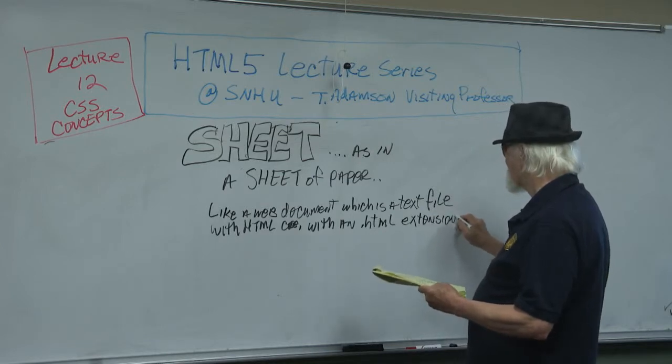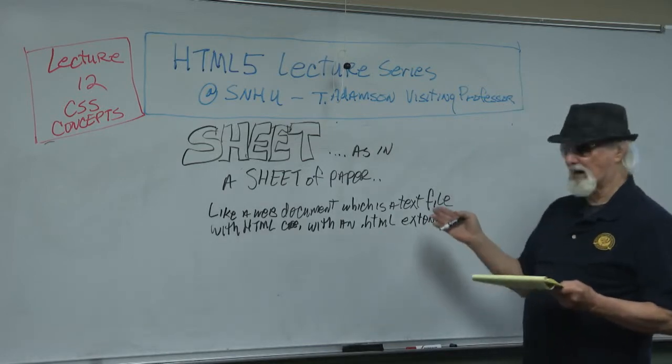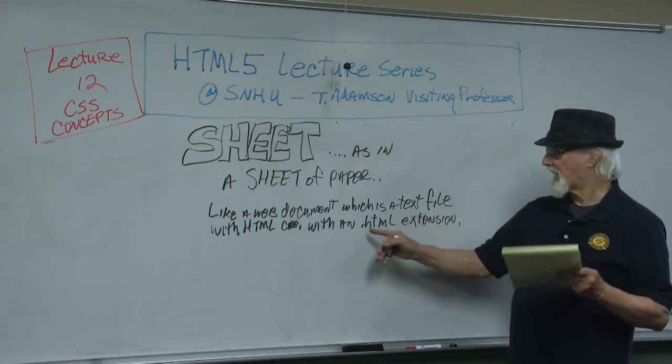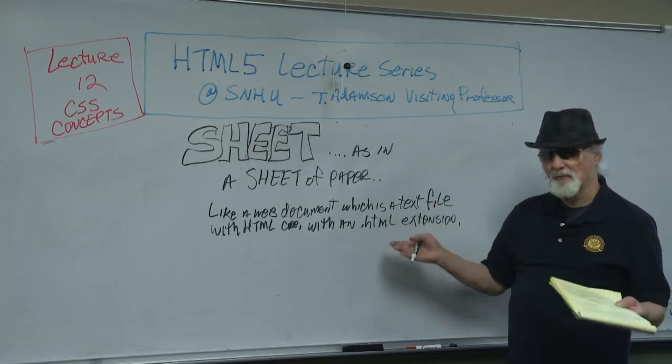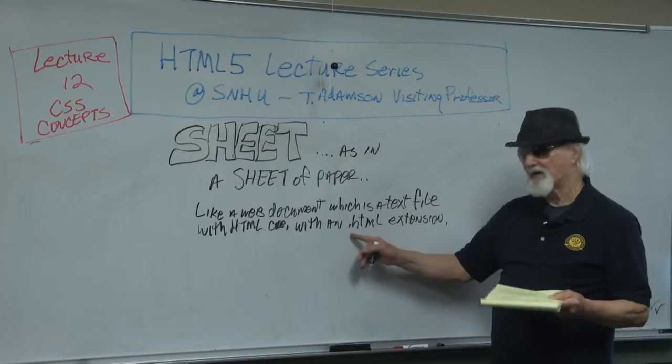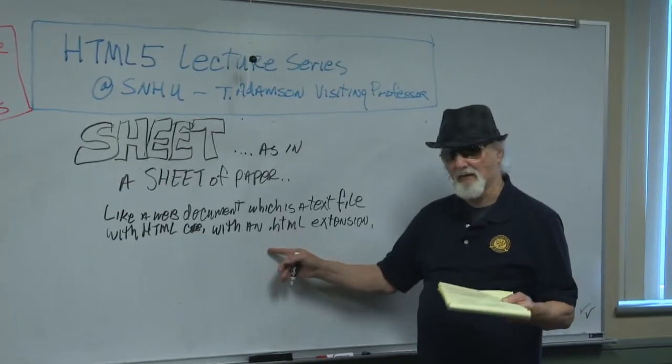If you recall, a web document has HTML code in it, and it's a text file. You can make it with a text editor, and it has the extension .html, okay?